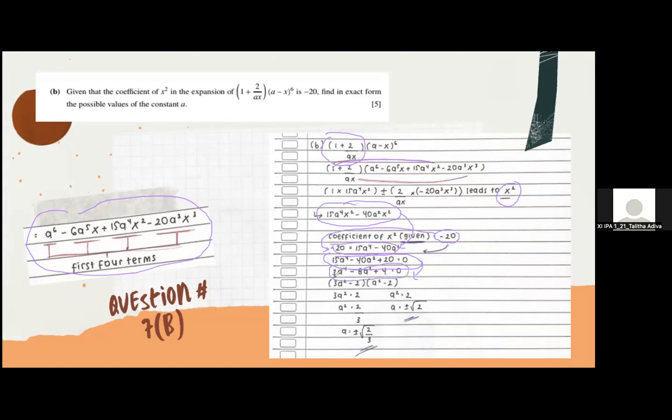And we can factorize it into this form. And we got a. The answer is a = plus or minus root of 2/3, and a = 2 plus or minus root of 2.